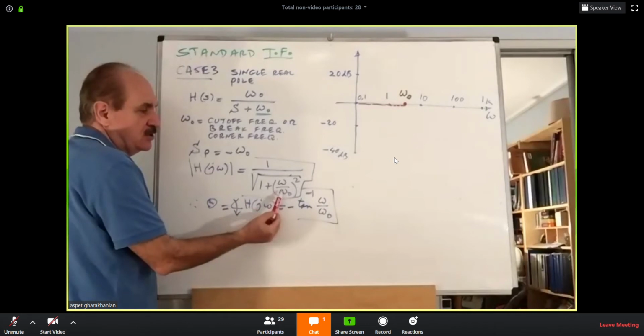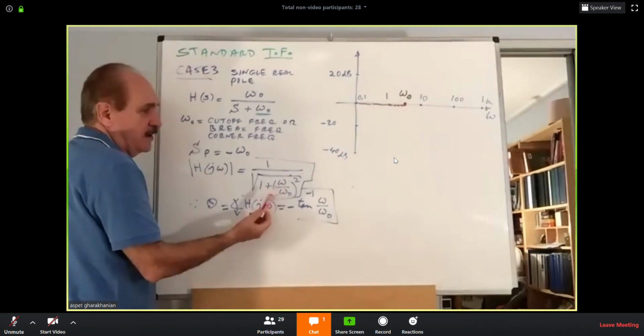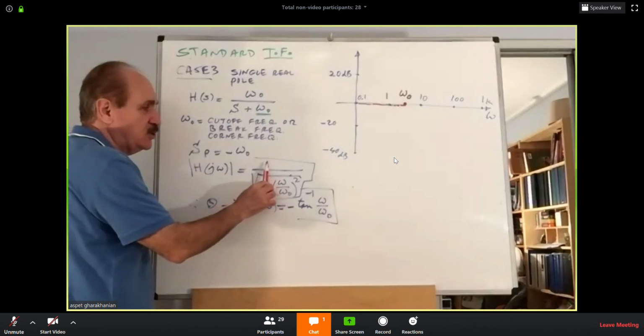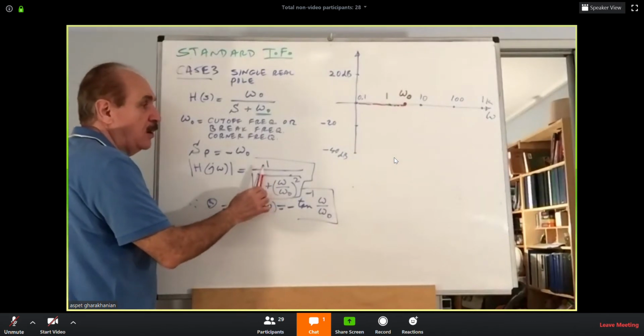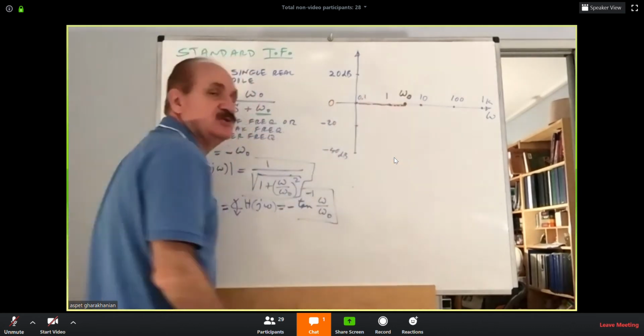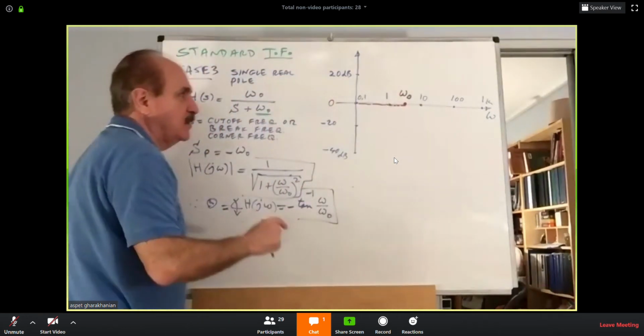It's from the equations. Omega is, say, a tenth of that. It will be small in comparison to 1. Therefore, under the radical, you have 1. Therefore, the magnitude is 1. Log of 1 is 0. 0 times 20 is 0. That's why it is leveling with the 0 dB. That is why we have to have it in the normalized form.